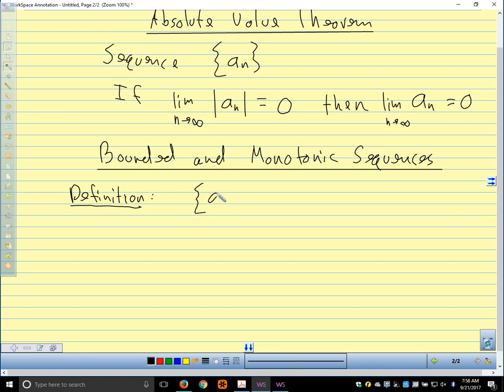So we have a sequence, a sub n, is monotonic if its terms are non-increasing or non-decreasing.